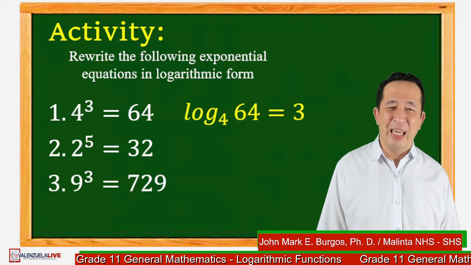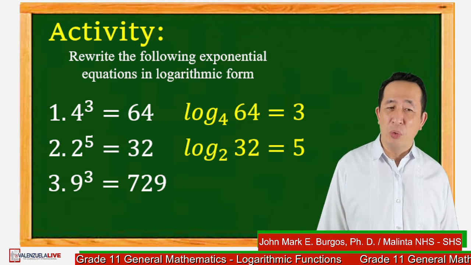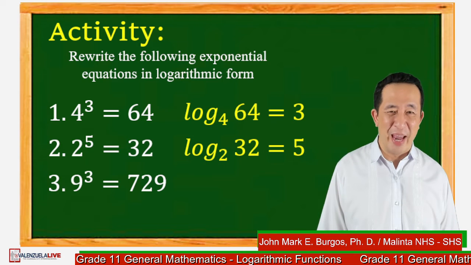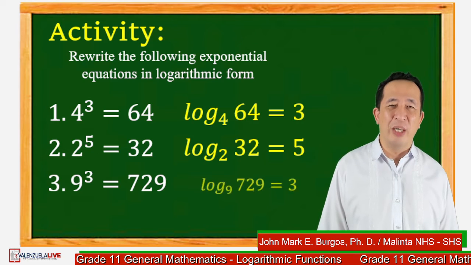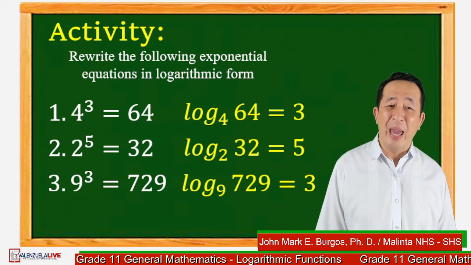The answer is logarithm of 32 with base 2 is equal to 5. Number 3, 9 raised to the power of 3 is equal to 729. The answer is logarithm of 729 with base 9 is equal to 3.